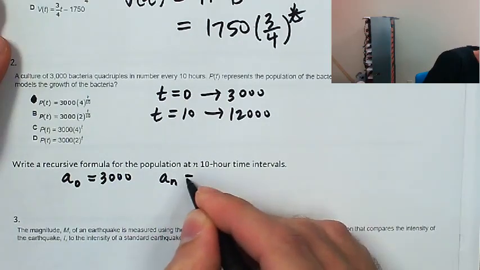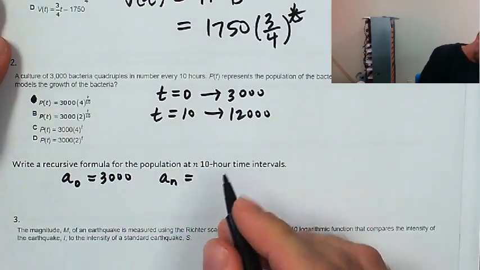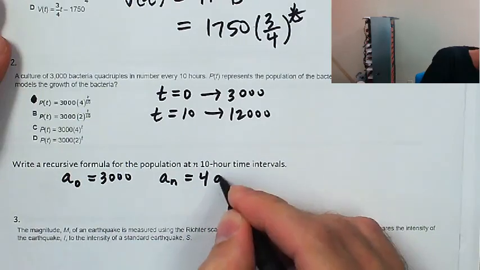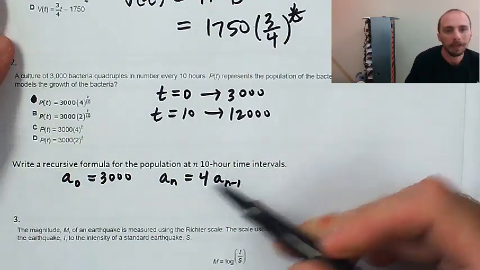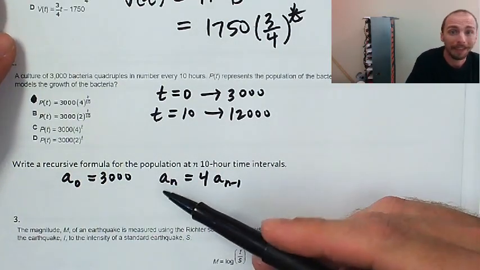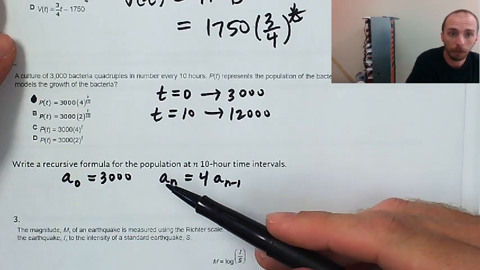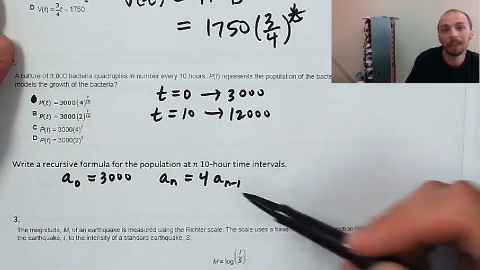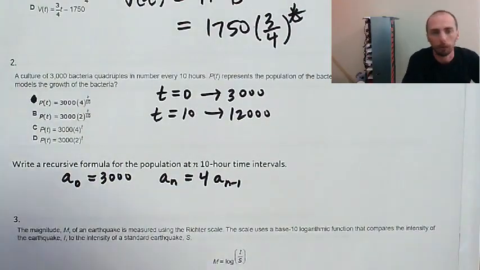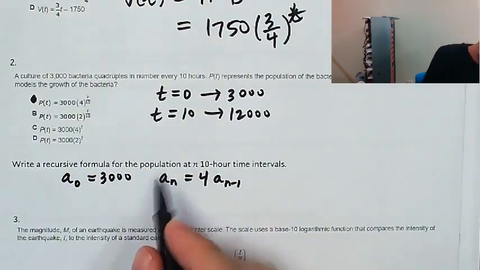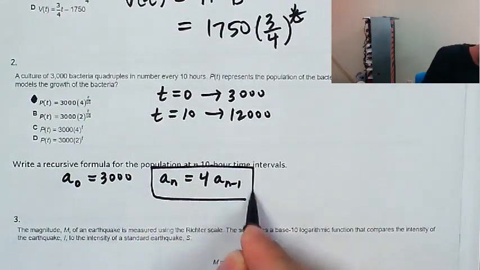And AN is going to equal 4 times AN minus 1. The amount of bacteria at this 10-hour time point is going to be 4 times what it was at the previous 10-hour time point, 10 hours ago. So that's really my recursive formula right here.